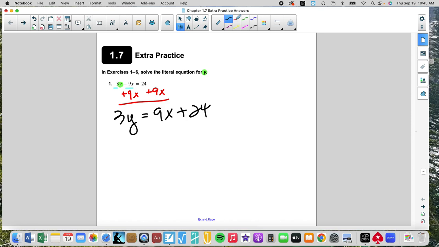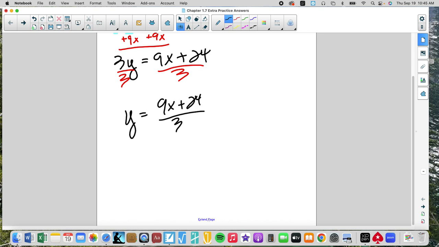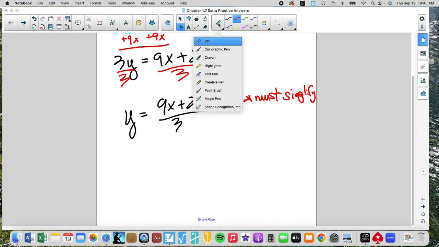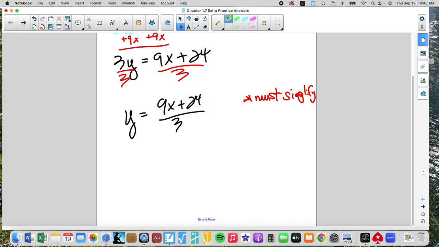And then we have 3 multiplying y, so we will divide by 3. This leaves us with y equals 9x plus 24 over 3. And you must simplify this. The reason you must simplify is that each of the terms has a common factor.